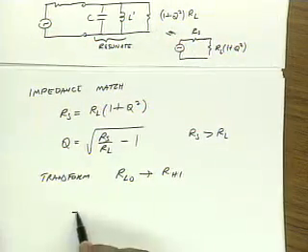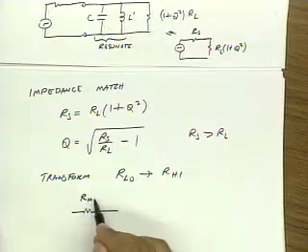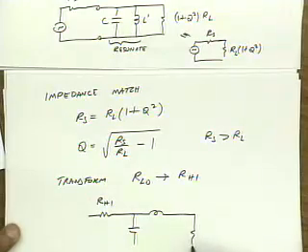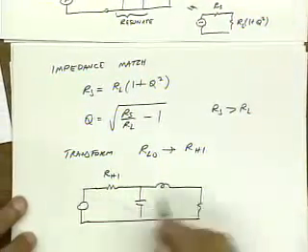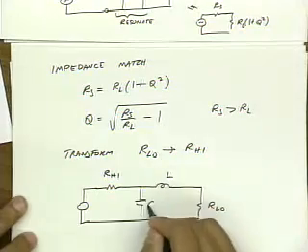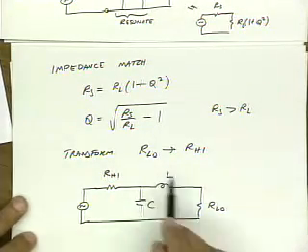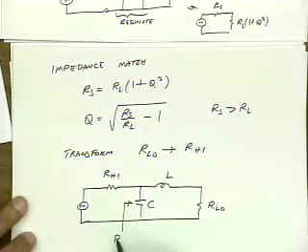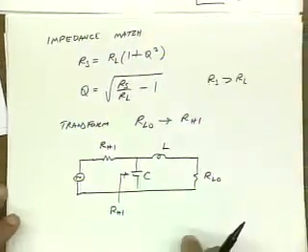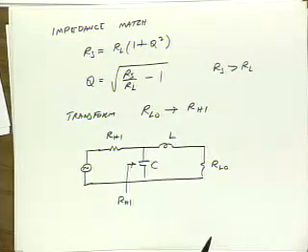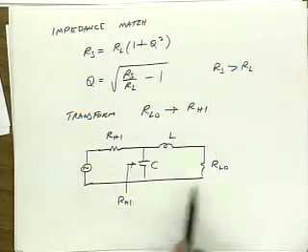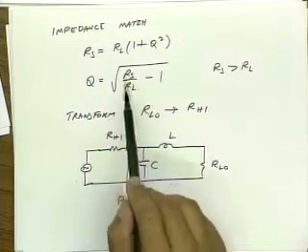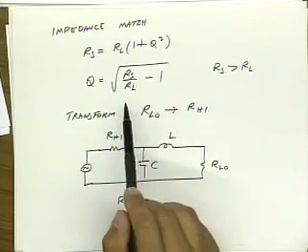In other words, if I redraw this, this is R low. The action of this L matching network is to transform this up so that from here I see R high. Okay? And what's really interesting is that the quality factor of this network, assuming I use ideal components, is determined by the transformation ratio.